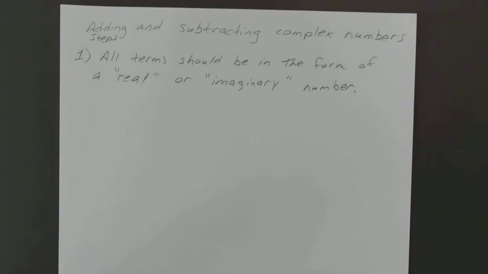That means any square root of negative numbers, you want to make that the square root of that number i. So instead of negative square roots, you just want i's.